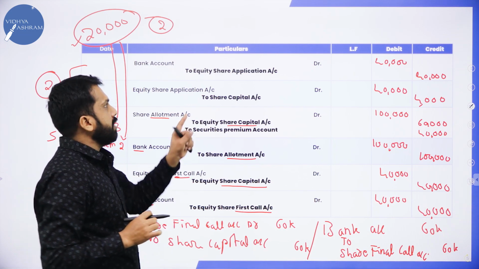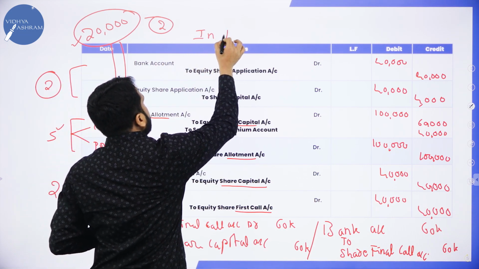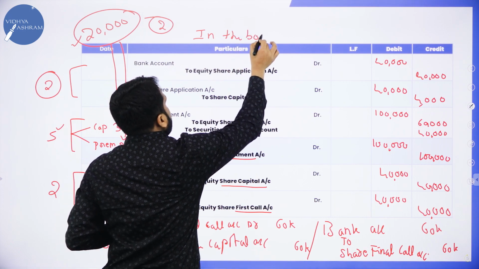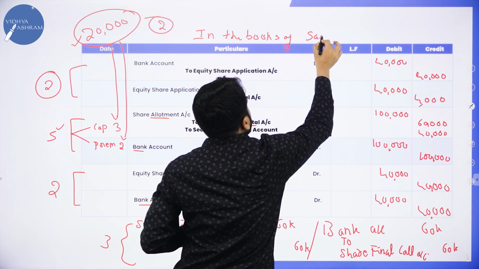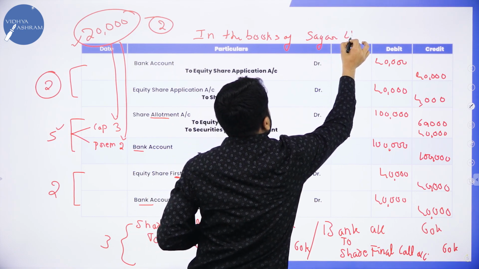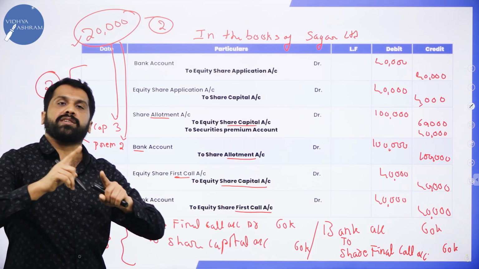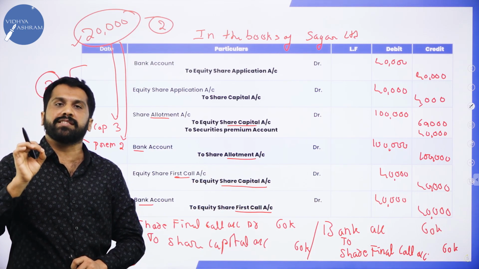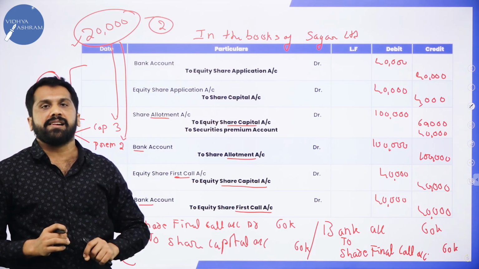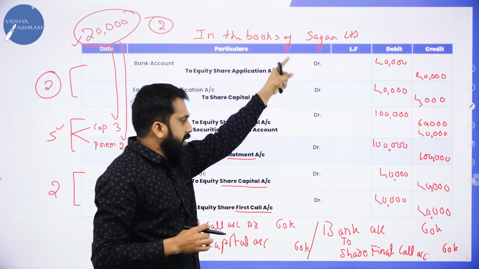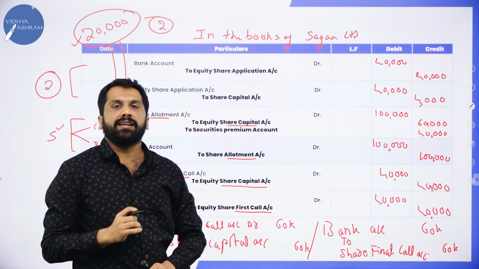Don't forget, you have to mention in the books of Sagar Limited. This is compulsory. If you want complete 12 marks, if you are planning for centum, the heading, debit, credit and your DR, everything must be part of your answer.